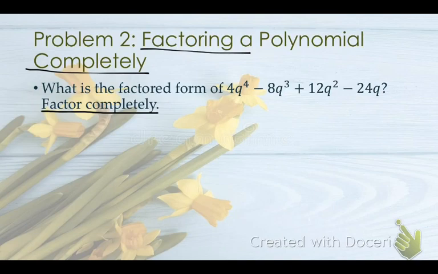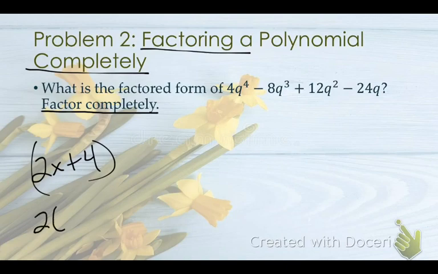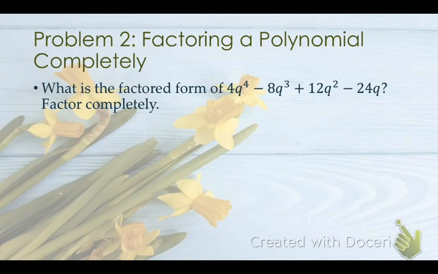So if we have something that has a 2x and a 4 in parentheses, even if that's a binomial and it is actually a factor of the polynomial, we still want to factor out that 2 and not leave it unfactored. So that's what that means: factor it as much as possible. We might end up with more than just 2 binomials as our answer here. So let's take a look at this problem.